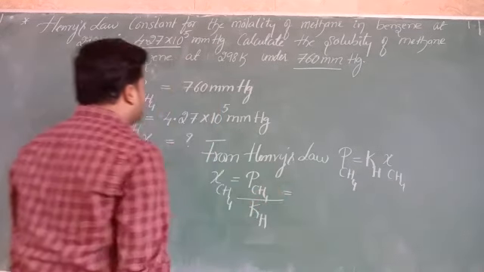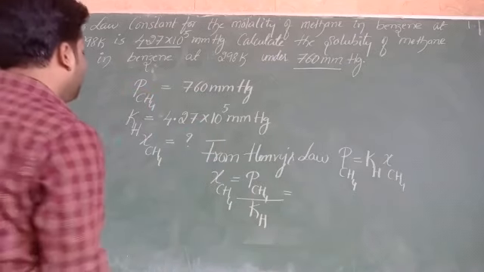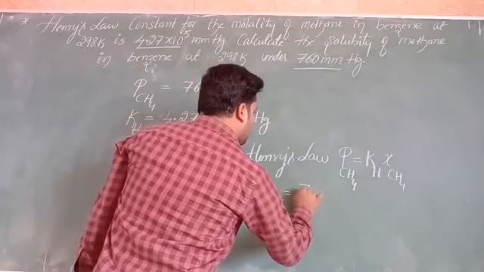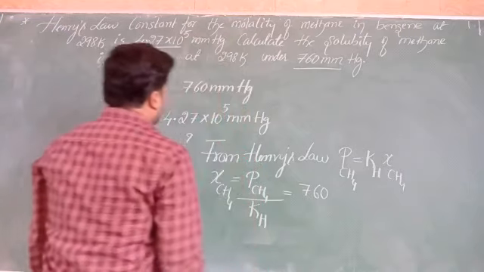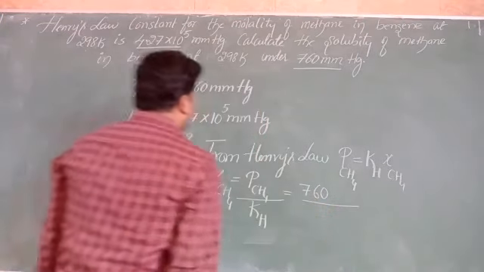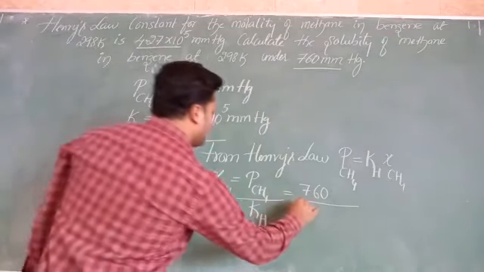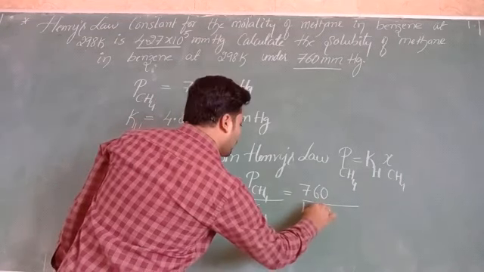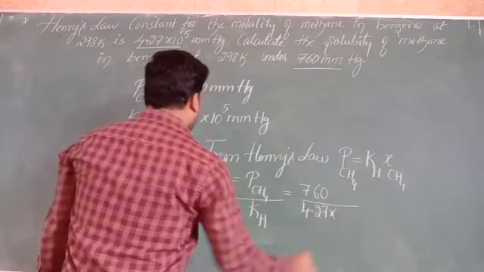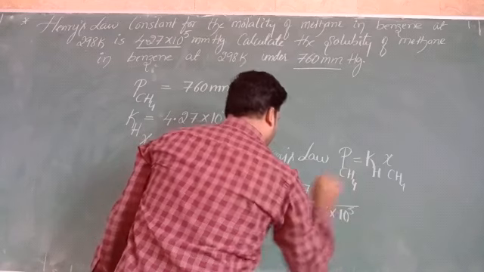Right? So here they have given the value of P of CH4, that is 760 mmHg, divided by the Kh value, that is 4.27 into 10 to the power of 5.